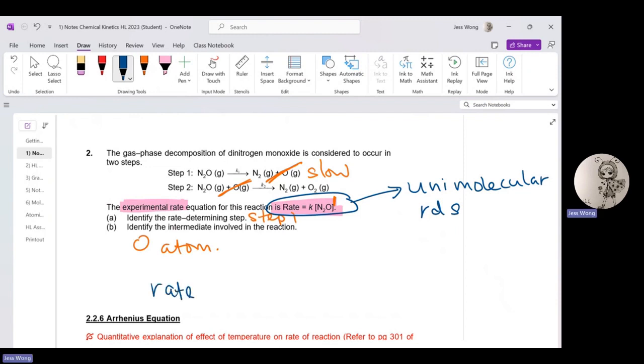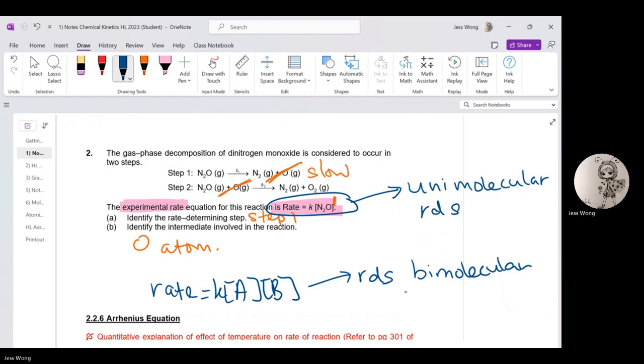If I have a rate equation, rate equals k[A][B], what can I say about the rate determining step? Most of the time, we can say that the rate determining step is bimolecular because it involves 1 A reacting with 1 B.